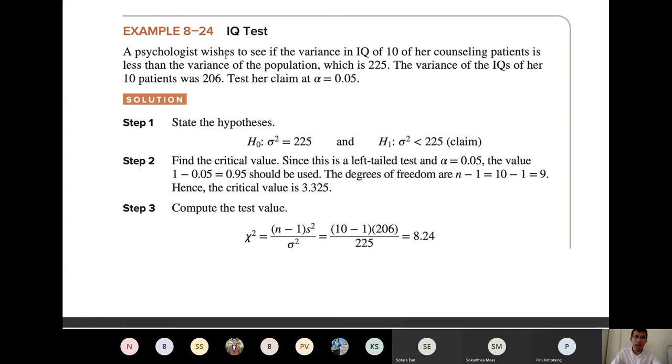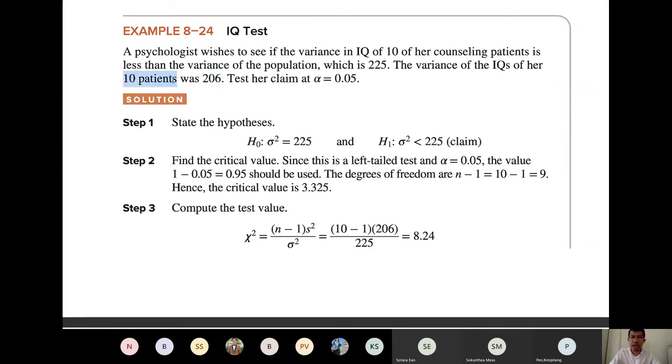So this is how we can use the chi-square test. The variance of the IQ of the 10 patients, this is actually the sample variance, because this is based on this sample.